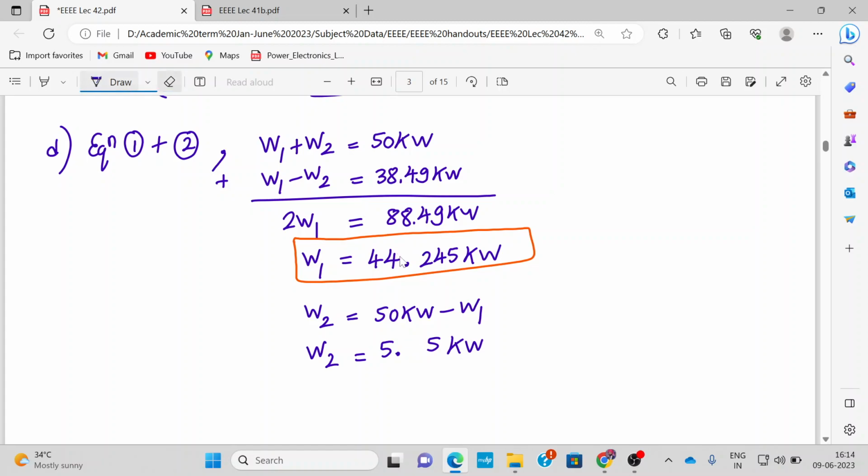Alright, 5.75 kilowatt. So that is the answer. And this completes the numerical. We have got the reading of 2 wattmeters, that is W1 and W2.